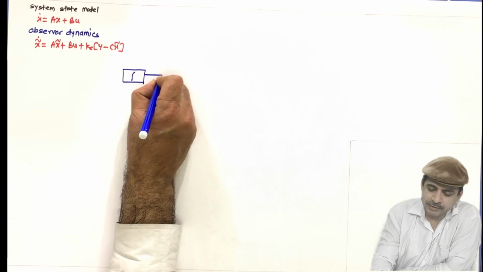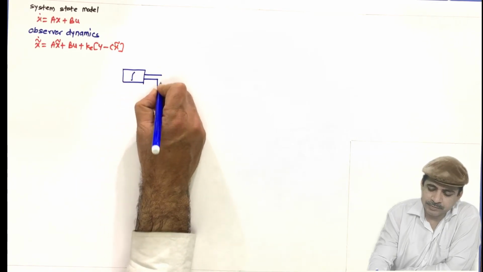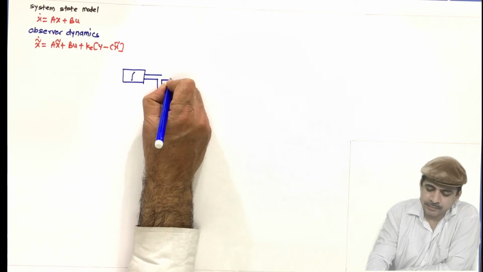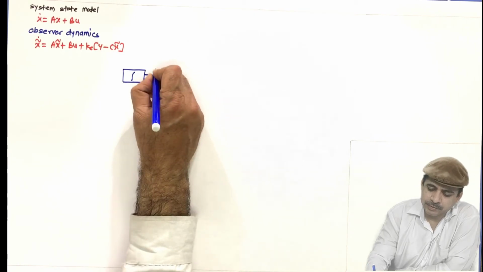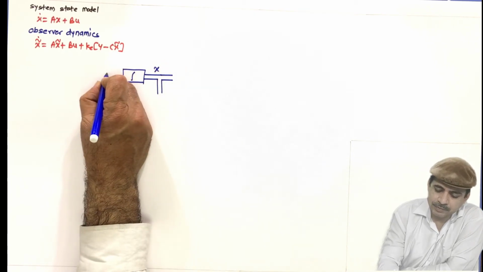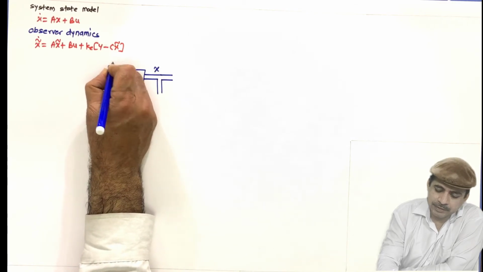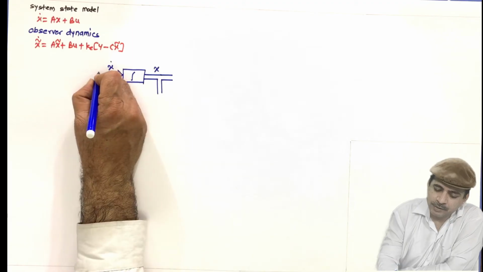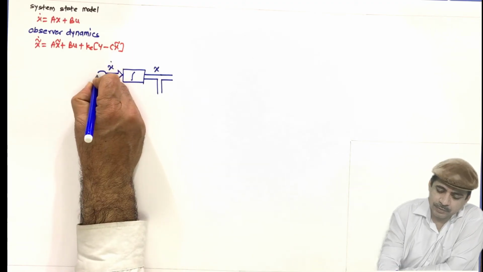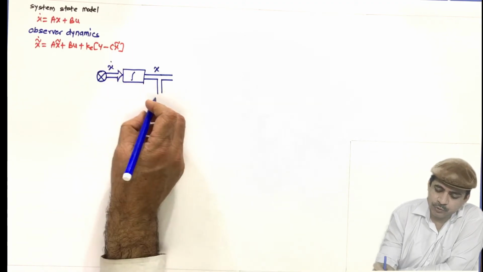This integrator, there are n states. So this is x. Here I will get x dot, and that is equal to ax plus bu.